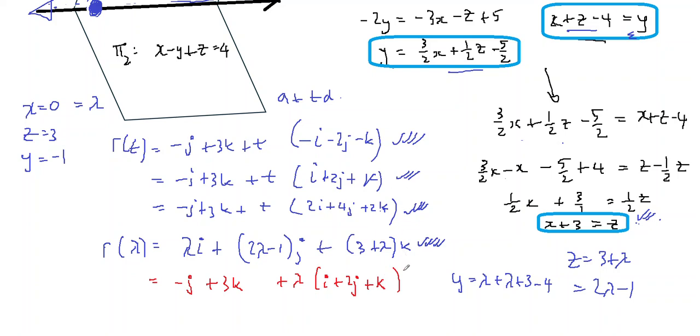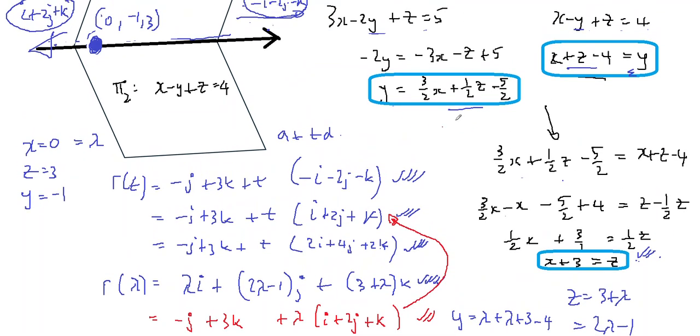And that's the same answer as that answer, using not the parameter t, but the parameter lambda. Now, that gives you 1, 2, 3, 4, 5 possible answers that are all acceptably good.